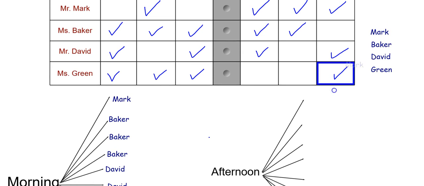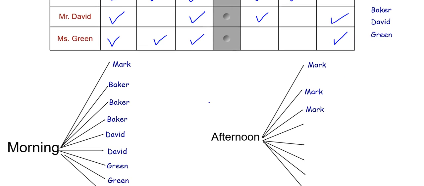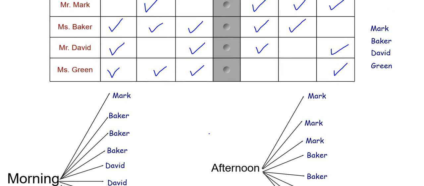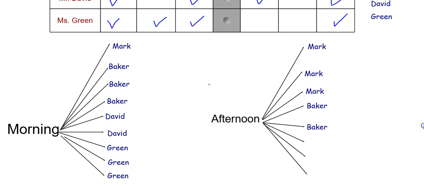Then Miss Baker twice. Then Mr. David 2 times, those 2 classes, 4th and 6th period, I think. And Miss Green taking the 6th period. So it is further simplified.